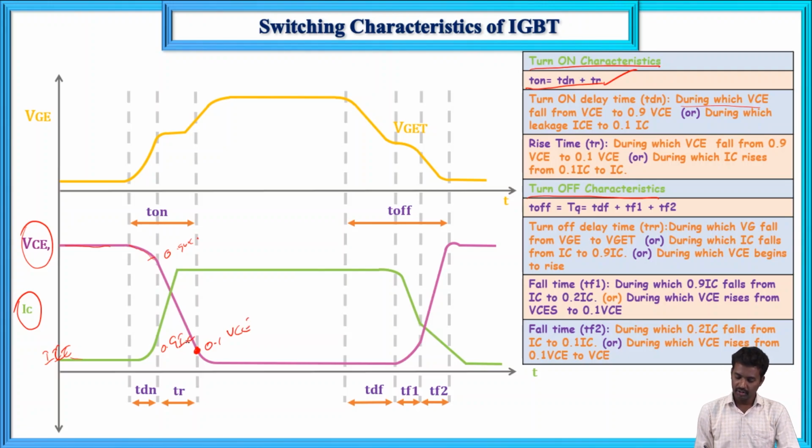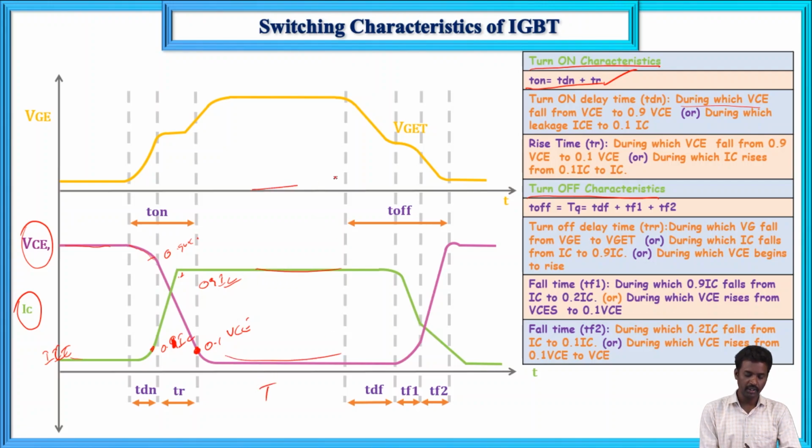Another definition: IC rises from 0.1 to 0.9 IC, and that is known as the rise time. So TDN plus TR equals TON, and after that the IGBT is in the conduction period.